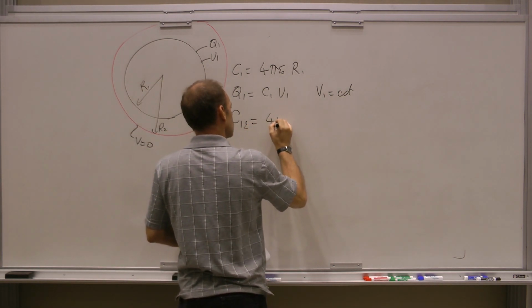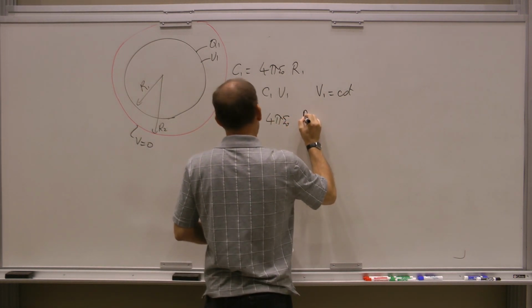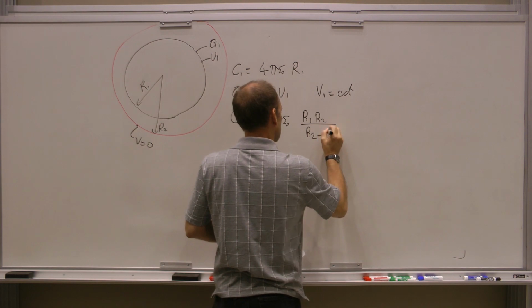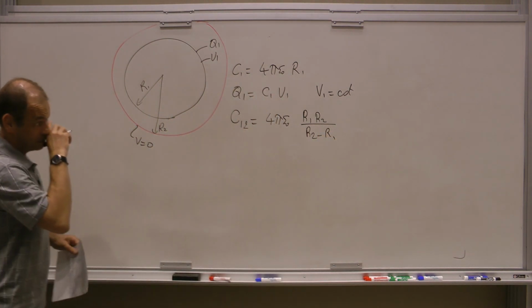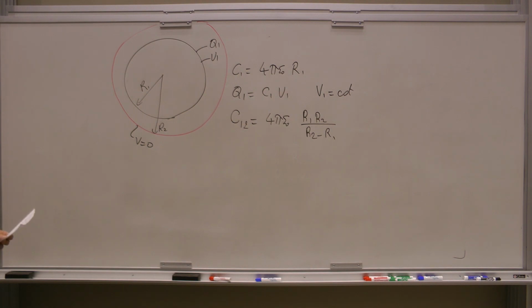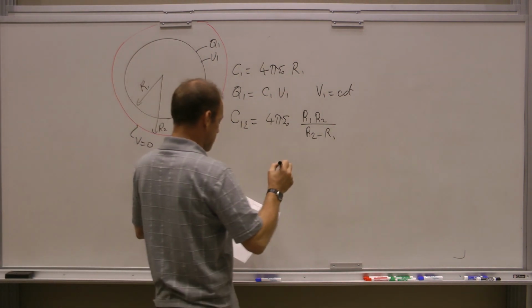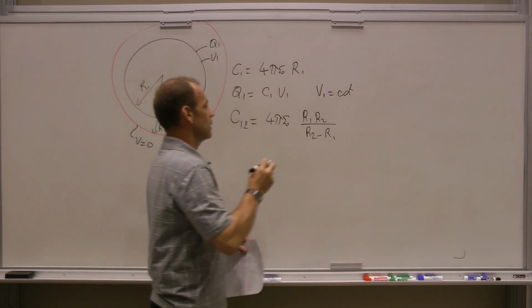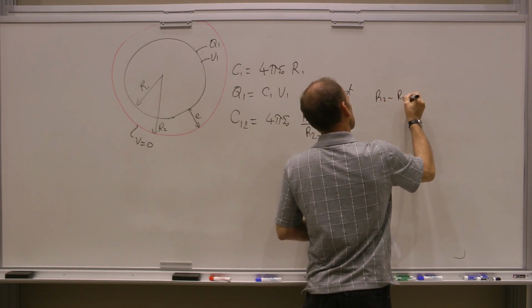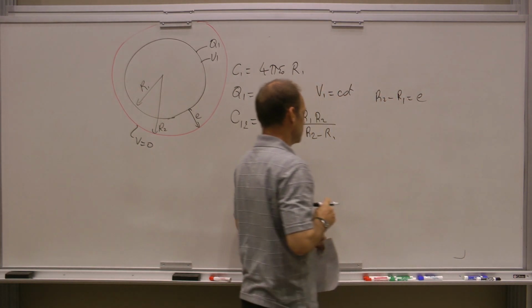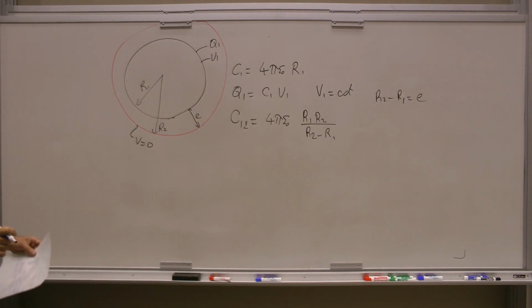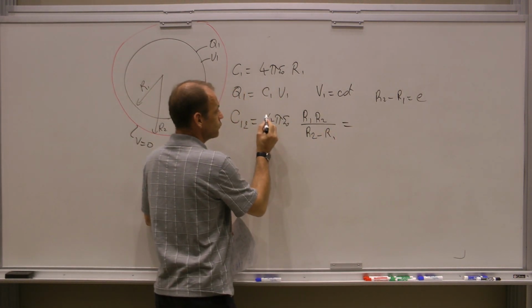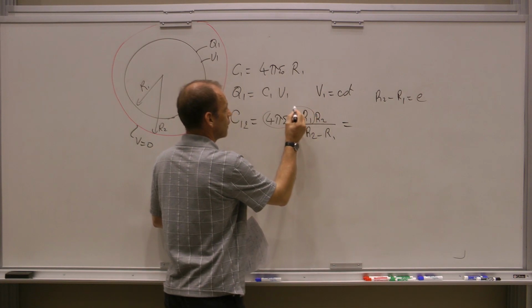So we know this is equal to 4 pi epsilon 0 R1 R2 divided by R2 minus R1. Right? So then I'm going to manipulate this. I'm going to call this little distance little e. So I'm calling R2 minus R1 equals e. That's the spacing of your insulator, the dielectric material. So then I'm also looking at this term, 4 pi epsilon 0 R1.